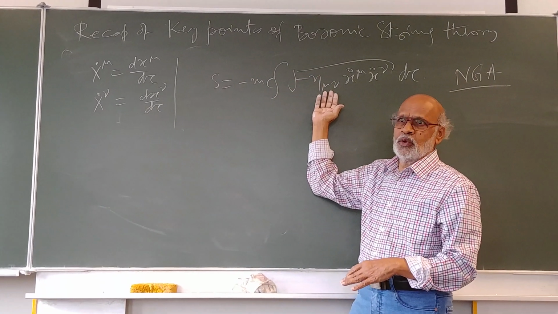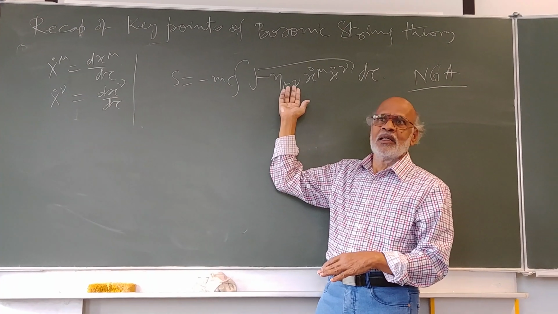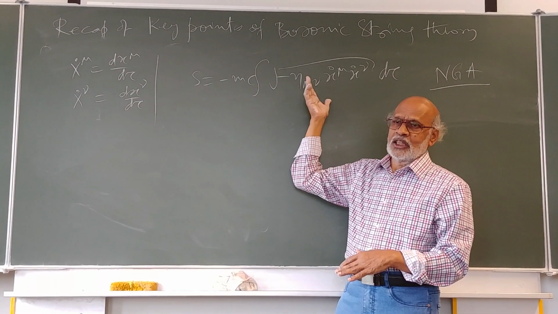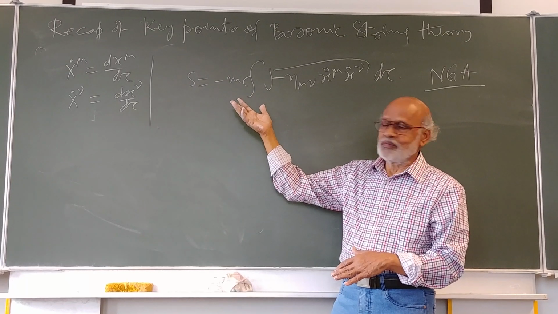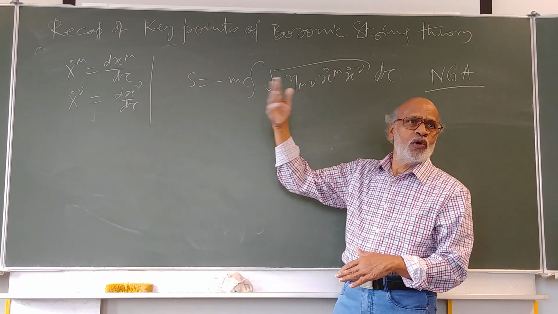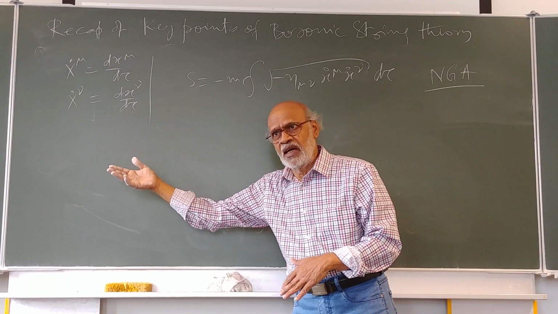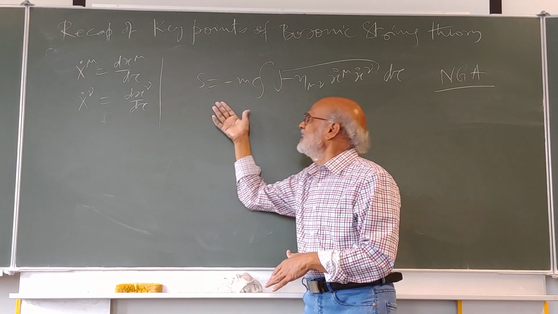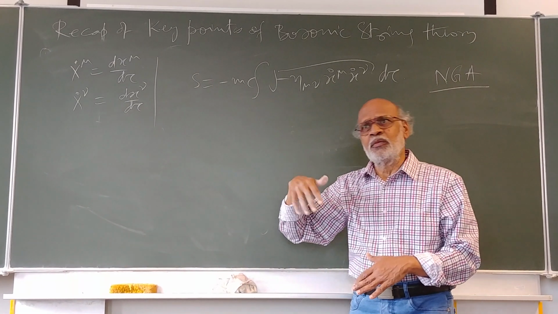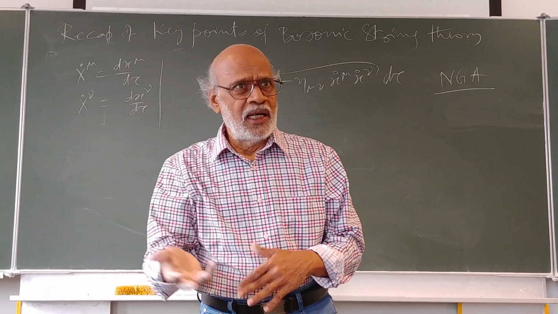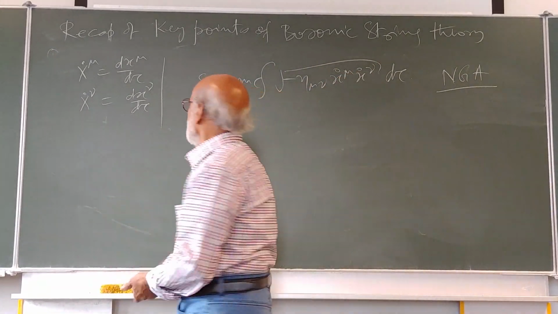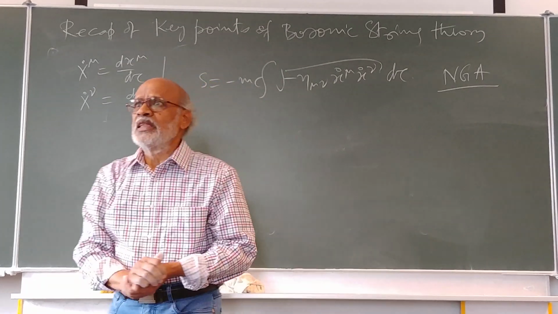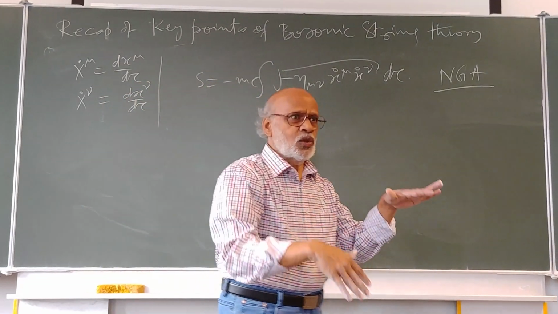If you add the electromagnetic field inside the square root, you call it the Born-Infeld Nambu-Goto action. If you also introduce a two-form gauge field, you call it the Dirac-Born-Infeld Nambu-Goto action, and so on. These actions are usually a little bit more difficult to handle. You can handle them, of course, but they involve a square root.